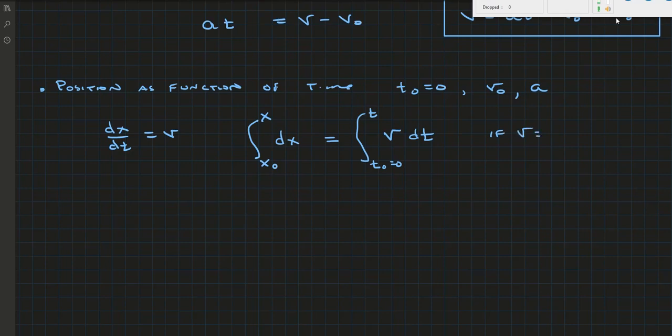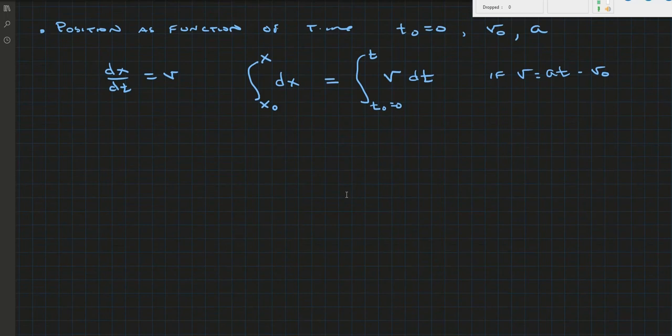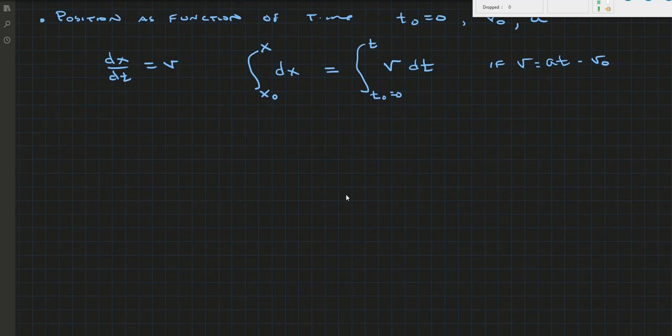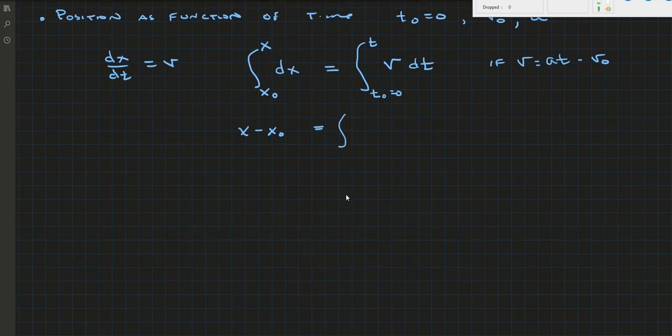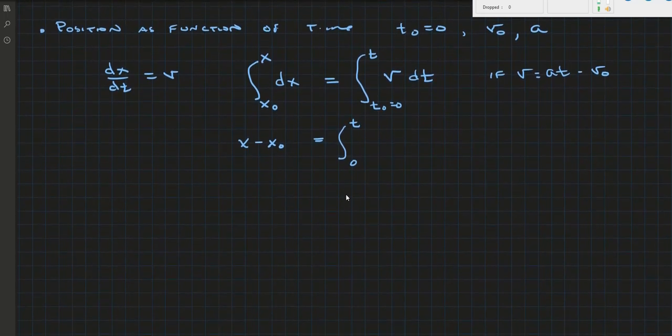If v equals at plus v0, notice that v is a function of t in that relationship. We can plug that into our equation, and over here on the left we're going to end up with x minus x0 equals the integral from 0 to t of (at plus v0) dt.